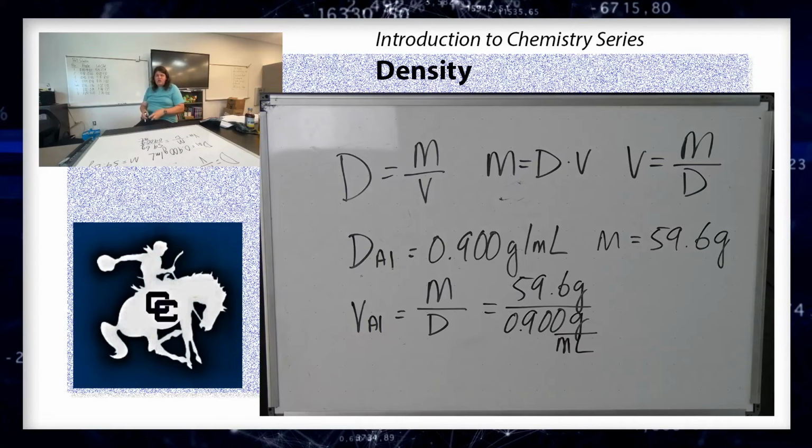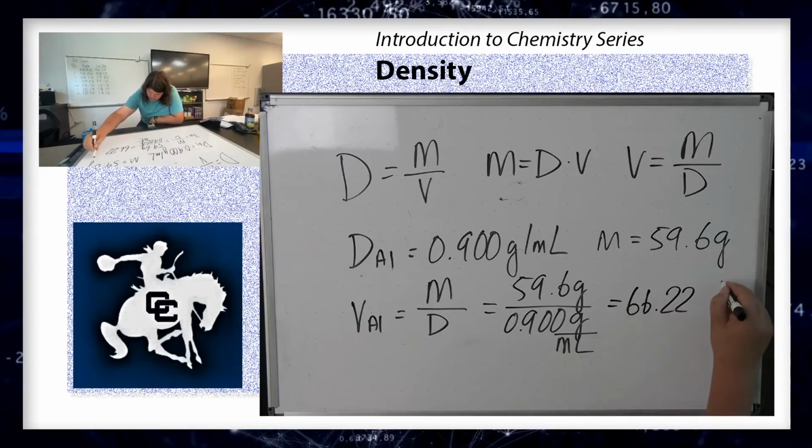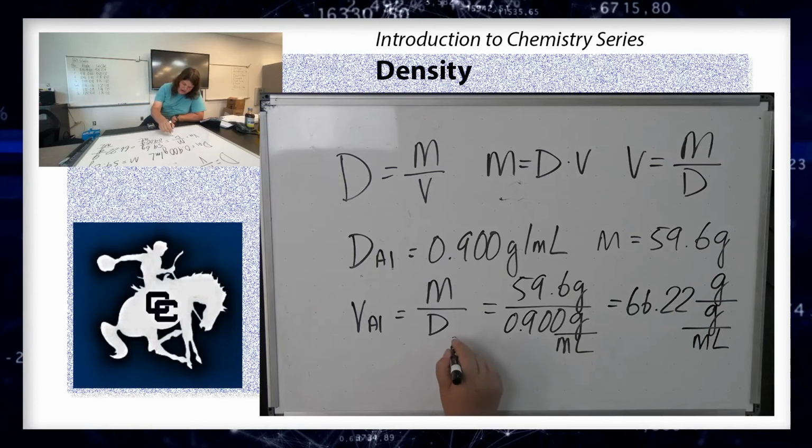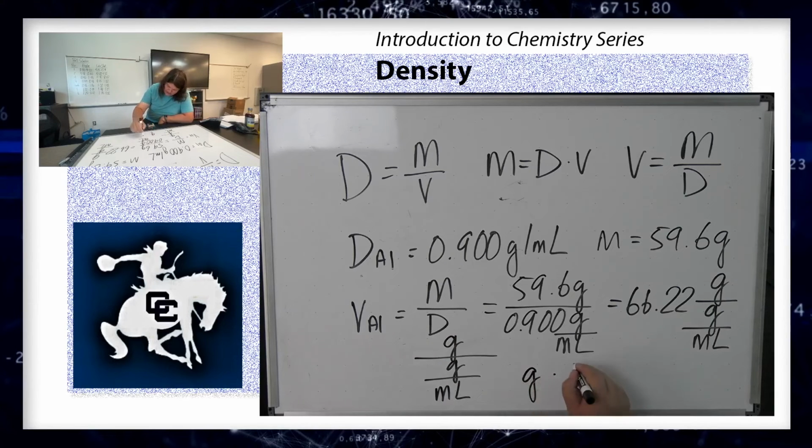When we divide the two numbers, we get 66.22 grams over milliliters. Let's address the units. Grams over milliliters. If you multiply by the reciprocal, which is how we deal with compound fractions, you get grams times milliliters over grams. These cancel, and my final answer is 66.22 milliliters.